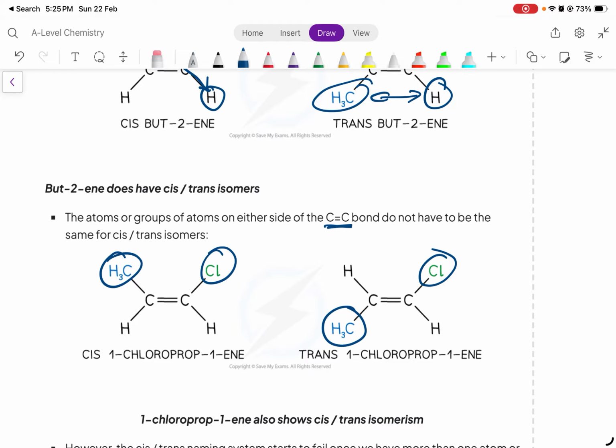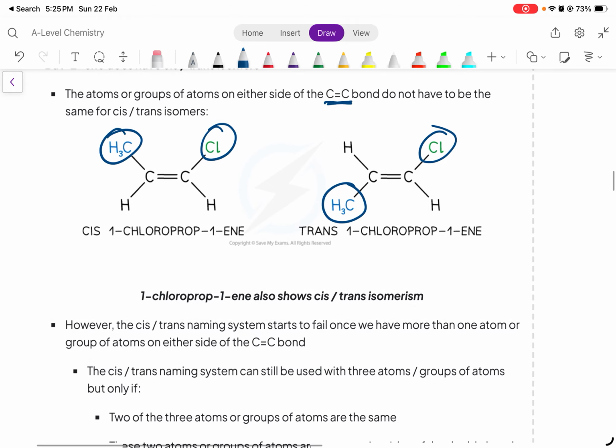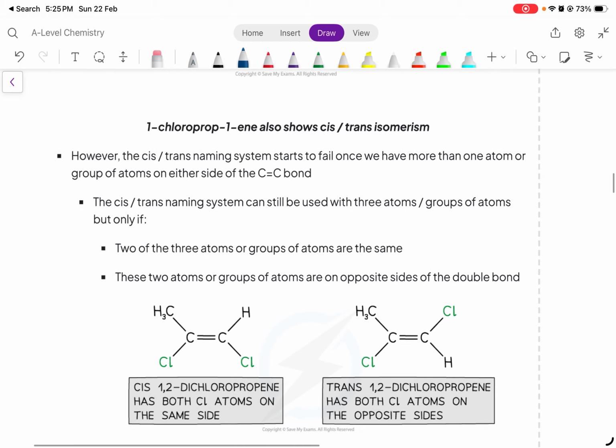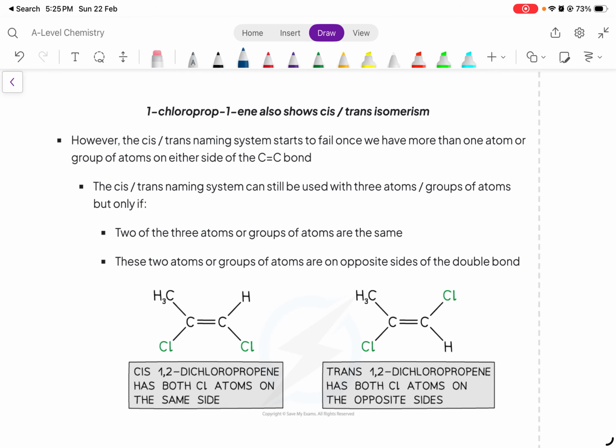So we can identify cis and trans like that. But again, there are a lot of buts in this case, so maybe pause the video and make sure to understand it. We have more examples later, so it will be easier to digest.